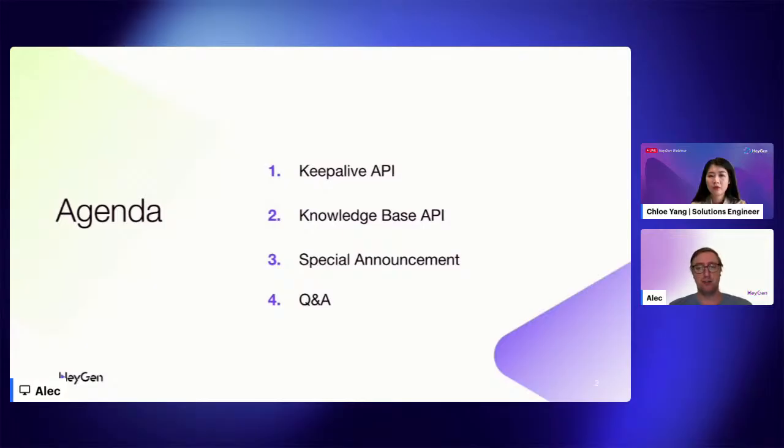Secondly, we have a pretty cool new knowledge base API, which allows you to programmatically create, update, and delete knowledge bases on HeyGen that are used for streaming. I'll show a quick demo of that, which should be fun. And then we have a special announcement that I'm not going to reveal right now, but also something that's been requested for a while. So we'll get through those 3 and then get to a Q&A.